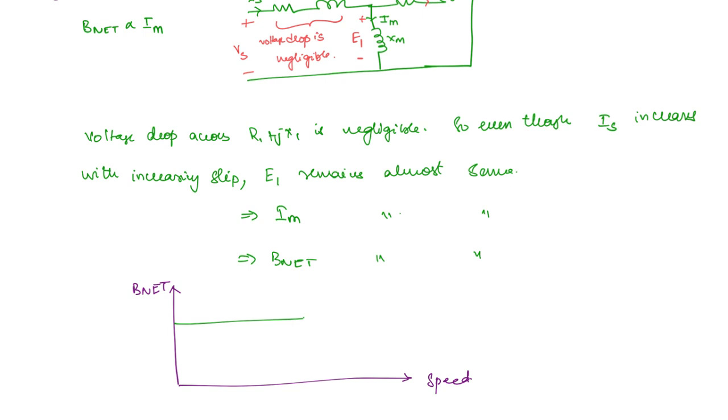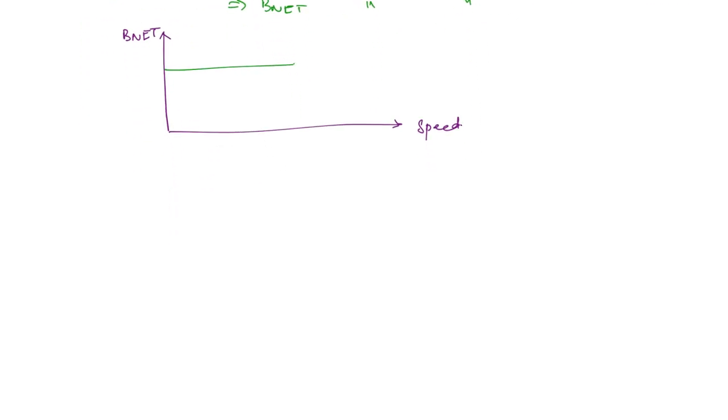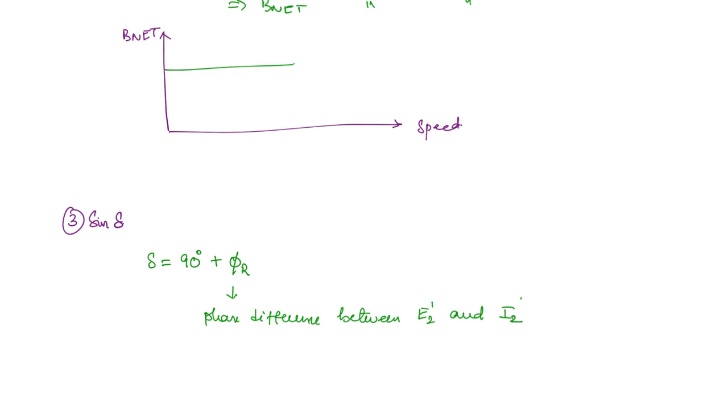Next, the next term that we have is sine delta, where delta is the angle between B net and the rotor magnetic field BR. This angle will actually be equal to 90 degrees plus the power factor angle of the rotor circuit. That means the phase difference between the rotor voltage E2 dash and the rotor current I2 dash.